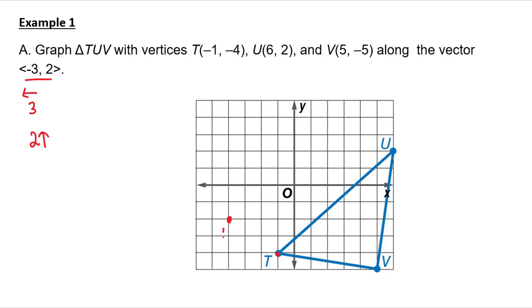So that's my T prime, my new value. U shifts 3 to the left, 1, 2, 3, up 2. There's my U prime. V shifts 3 to the left, 1, 2, 3, up 2, 1, 2, and that is V prime. And so we have our new figure.